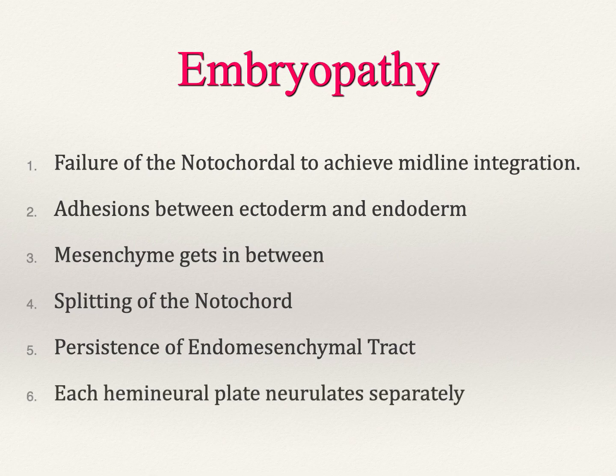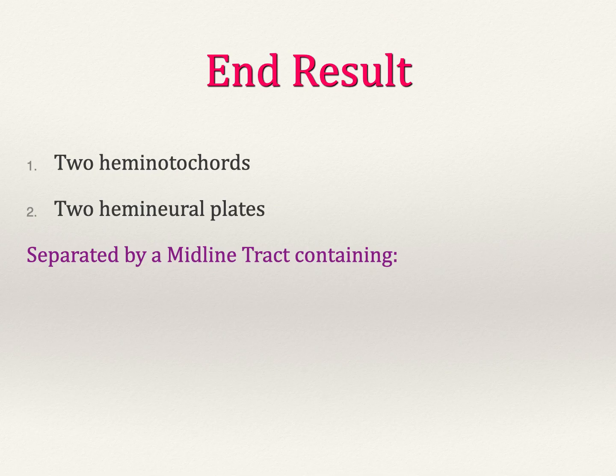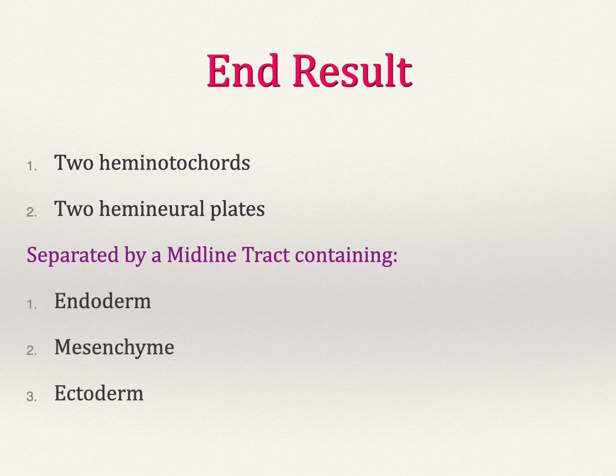So each hemineural plate will start neurulating separately because you've had a splitting of the notochord that was supposed to be a single one. The end result is two hemi-notochords and two hemineural plates, each of which is neurulating separately, and they are separated in the midline by a tract containing endoderm, mesenchyme, and ectoderm.